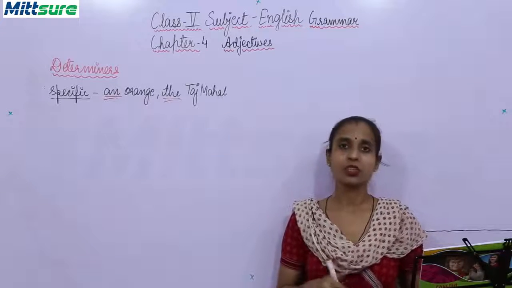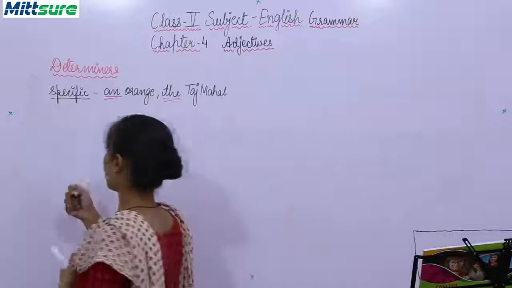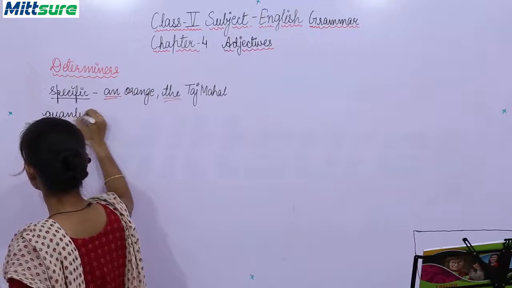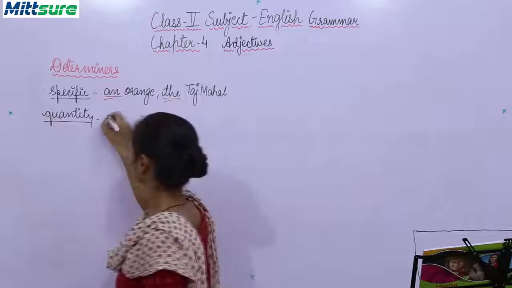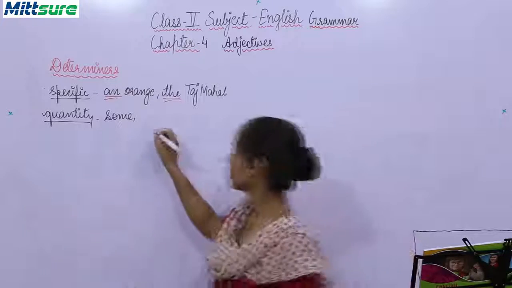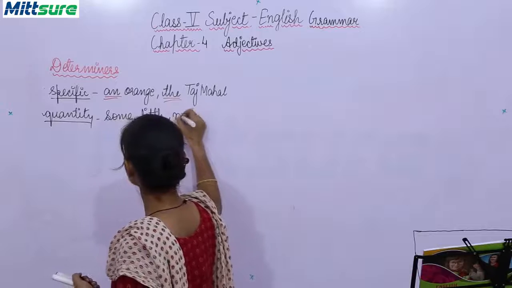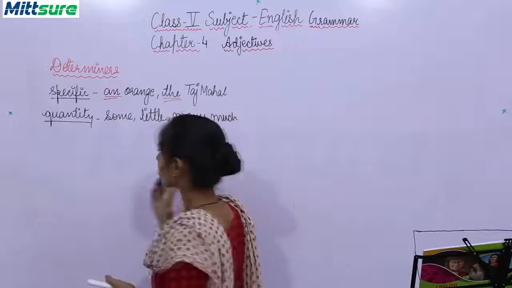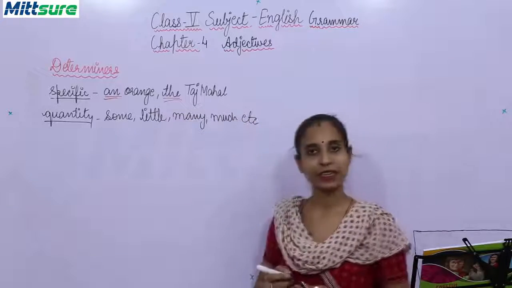Second one is quantity. All right. Second word is to differentiate between the quantity. Quantity, like I told you, some, little, many, much, and etc. These are known as, again, determiners.